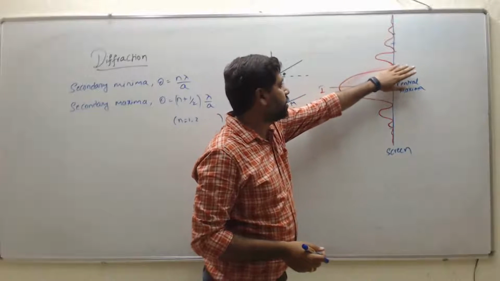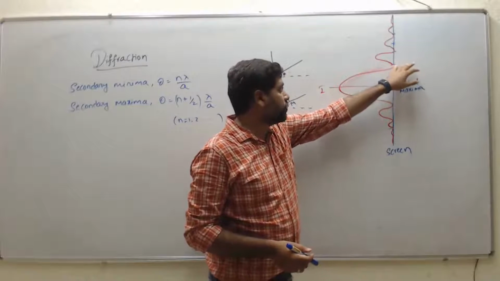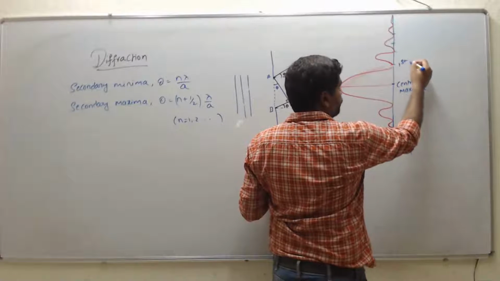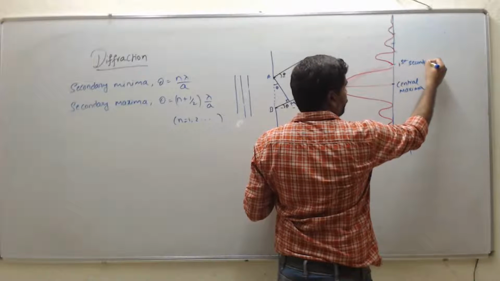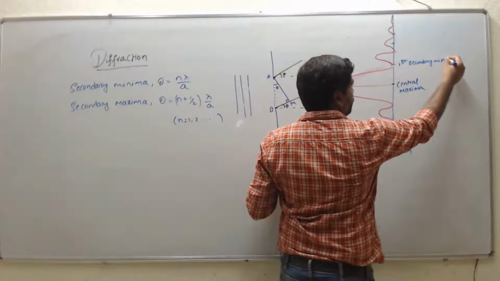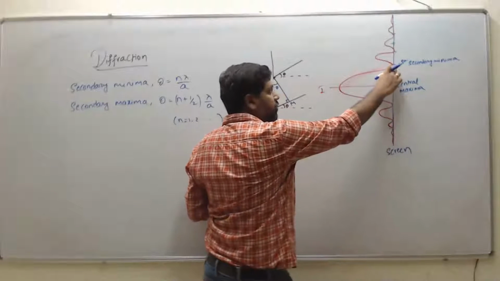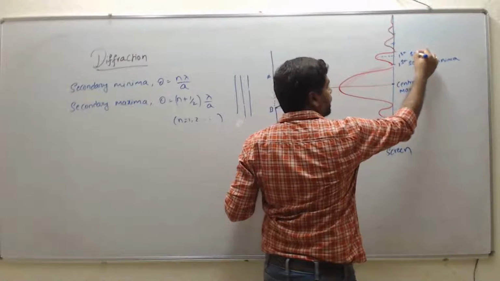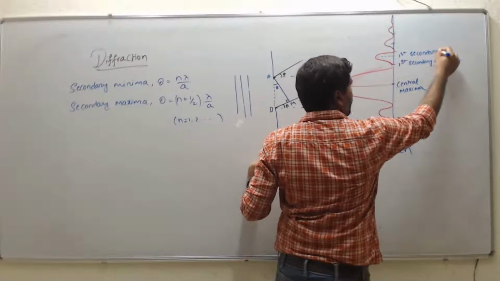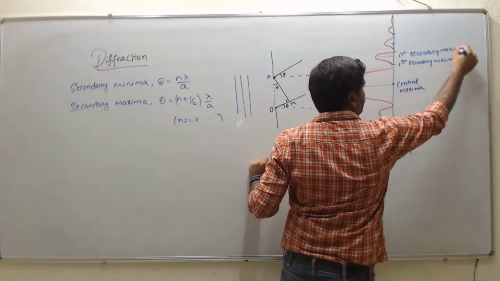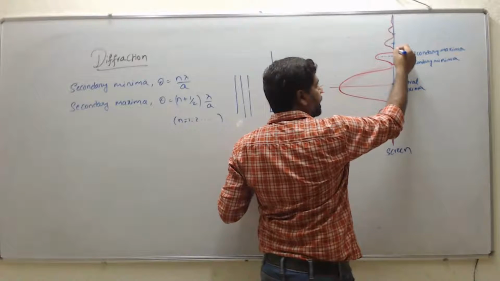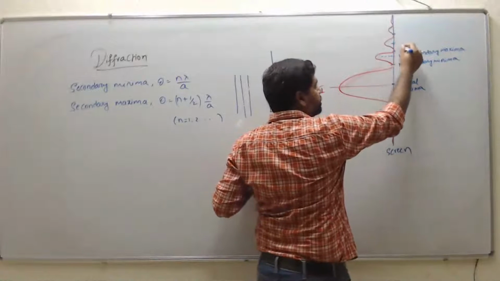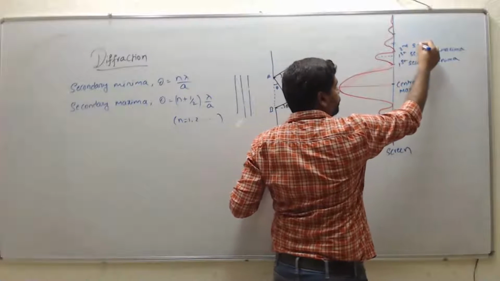After that we get the secondary minimum. So this is the first point, hence this point is the first secondary minimum, and here we get the first secondary maximum. Next, the intensity is less, that is we get the dark region, hence this point is the second secondary minimum.